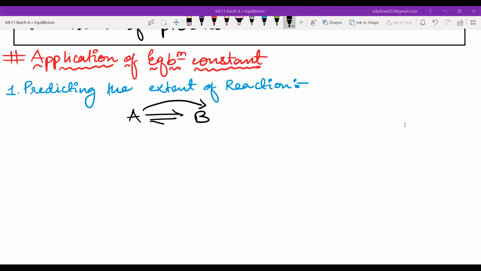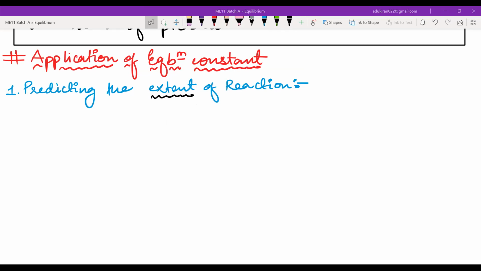If the reaction is not happening, and we have 10 moles of A and after a very long time we still have 10 moles of A, that means the extent of reaction is very small. So now you understand what the extent means? Yes, sir. How far a particular reaction can go.